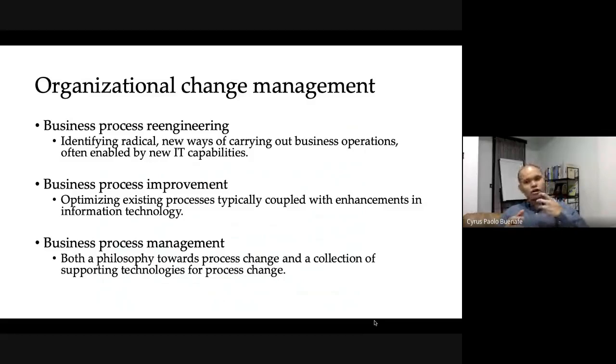The scale of the improvement is not as big as BPR, but it still affects your business process. Okay? And all these things, they actually form part of business process management. So it's another field. Okay. In this case, it's both a philosophy and a collection of supporting technologies for process change.